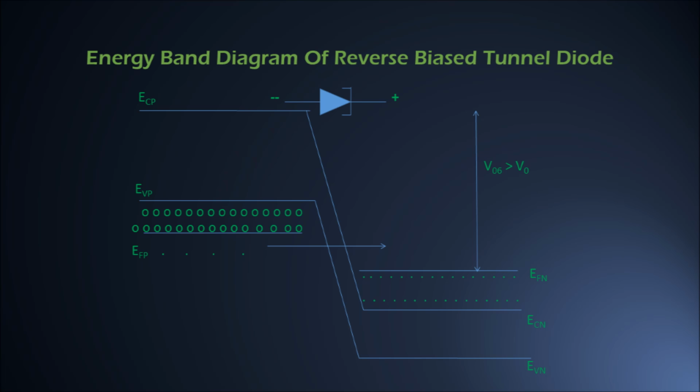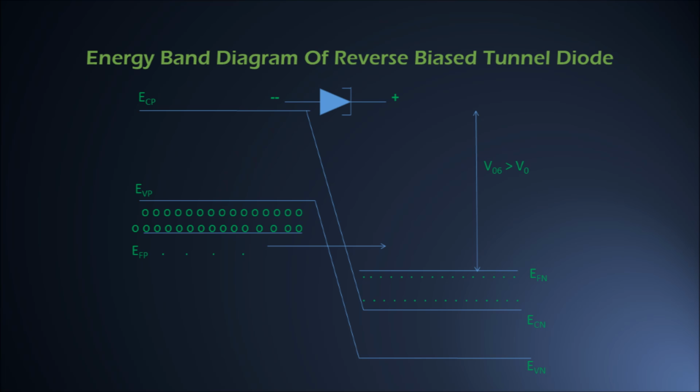Now let us come to the situation when the tunnel diode is reverse biased. When the tunnel diode is reverse biased, the bands having filled states on the n side and bands having empty states on the p side start crossing in the opposite direction. The height of the potential barrier increases and there is no chance of current due to majority charge carriers.